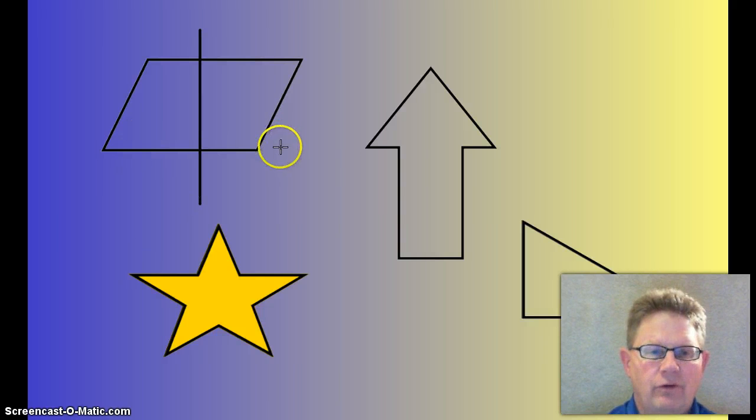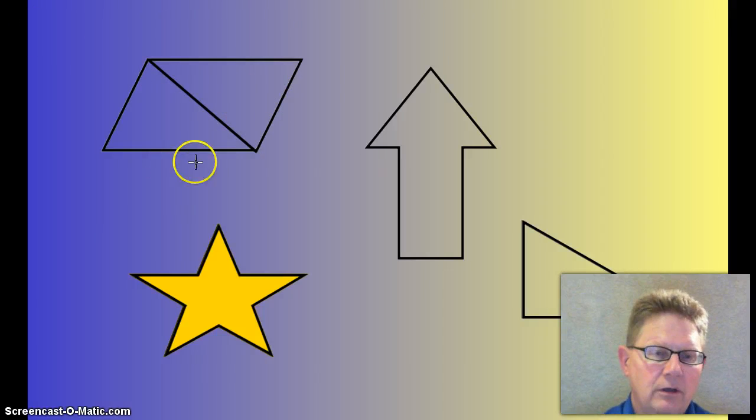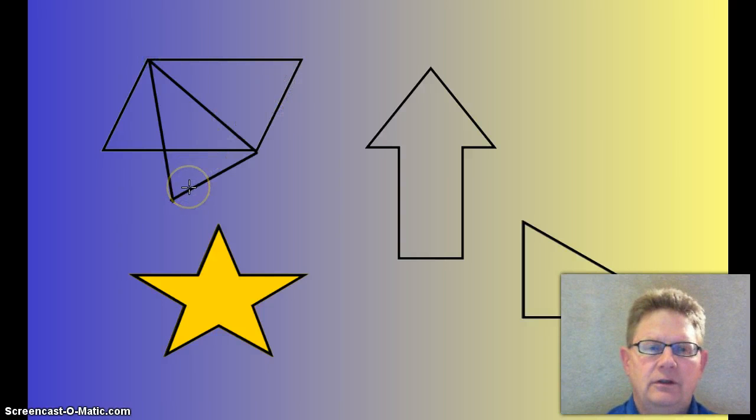When I fold this over, will it hit? No. Okay, how about here? If I fold it over, no, it'll look more like that when I fold it over. Yeah, a regular parallelogram is not going to have any lines of symmetry at all.